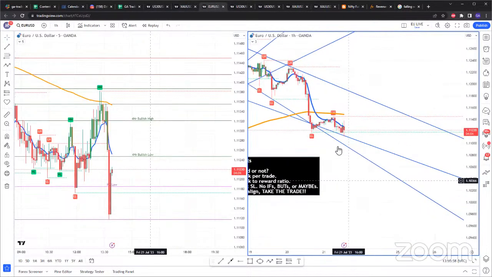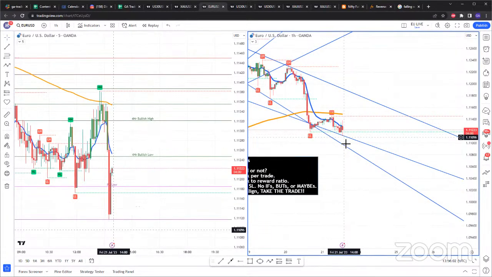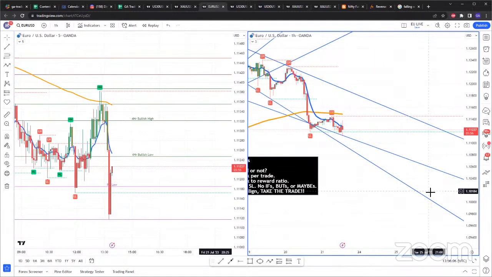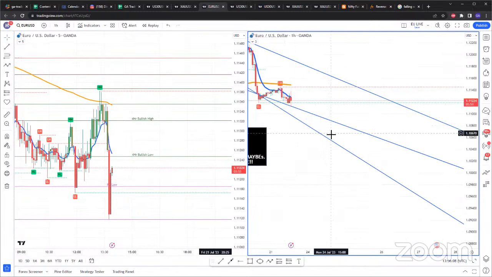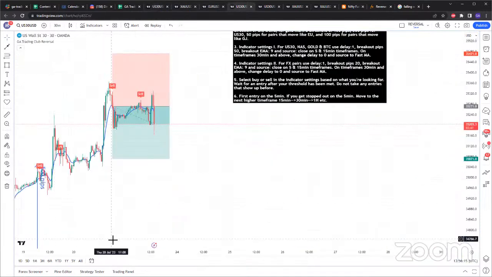Yeah. So EU as well. EU is respecting all these trend lines. If we do break this trend line, the support now will be on this trend line. I just need this position to shoot into TP, and that will be a good way to end the week.